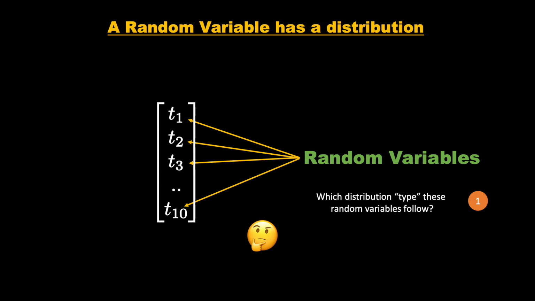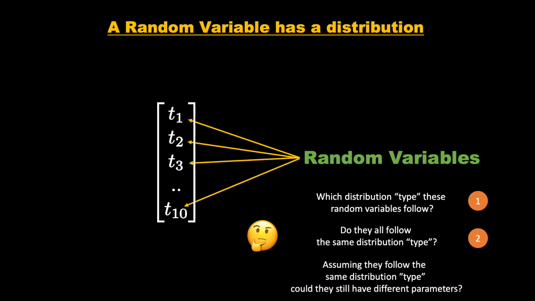For example, is it Gaussian, is it Student, binomial, and many other types of distributions. Do all the target variables here follow the same distribution type? I think it is fair to ask this as well. And finally, a more natural thought would be about the parameters of the distributions. Let's say that they all have the same distribution type, but do they share the parameters, or do they have their respective parameter values?